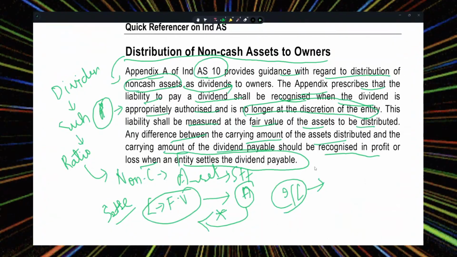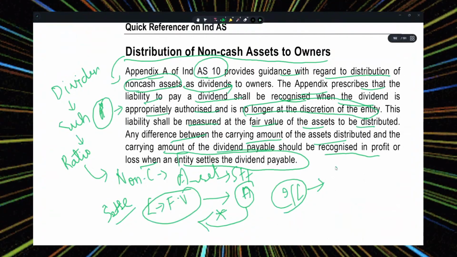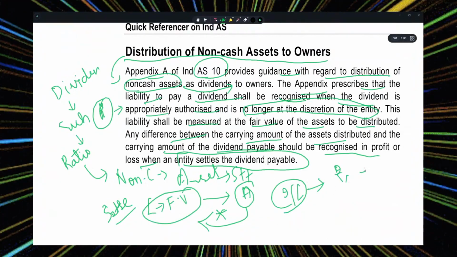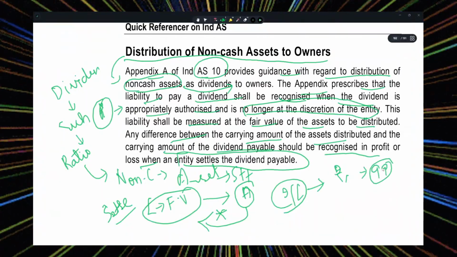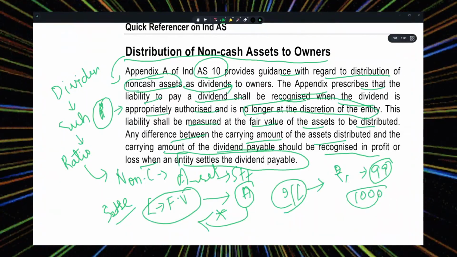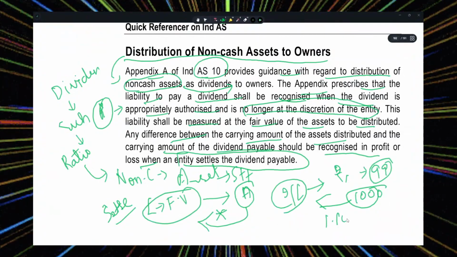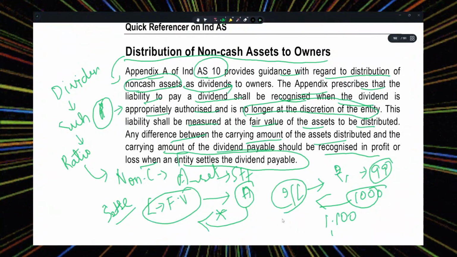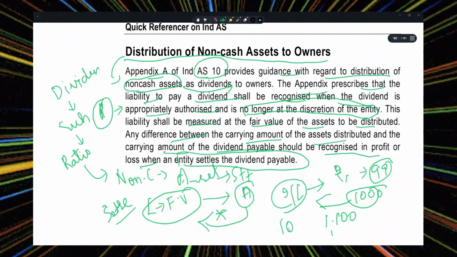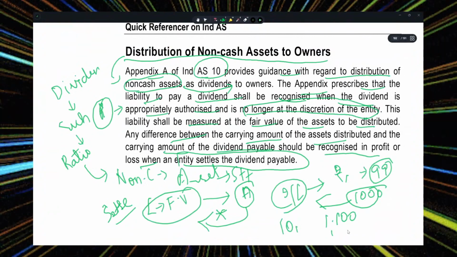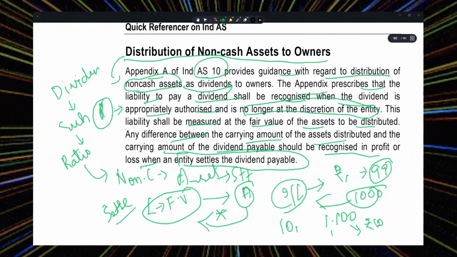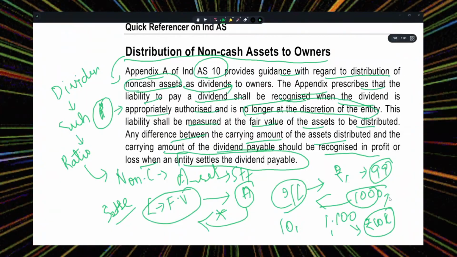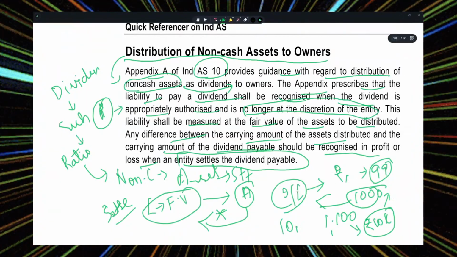For example, I gave an asset of value 1 lakh rupees for a dividend of 99,000. So 1,000 is my loss, and you should charge it to P&L. If I gave an asset of 1,10,000 for a dividend of 1 lakh, then the 10,000 rupees is profit. That should be considered in the P&L account.